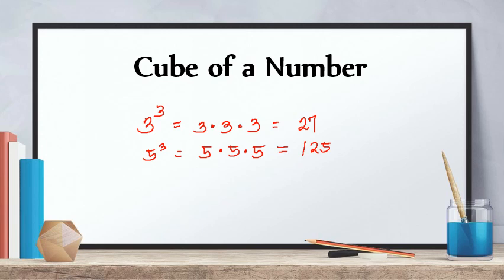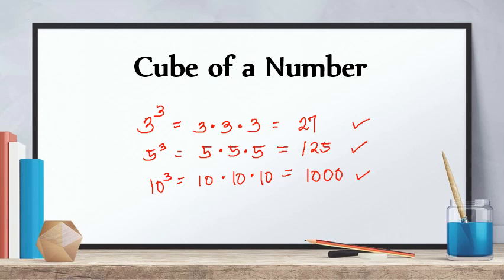What is the cube of 10? Is it 30? No again. So that is 10 times 10 is 100 times 10, 1000. So 27, 125, and 1000 are perfect cube numbers.